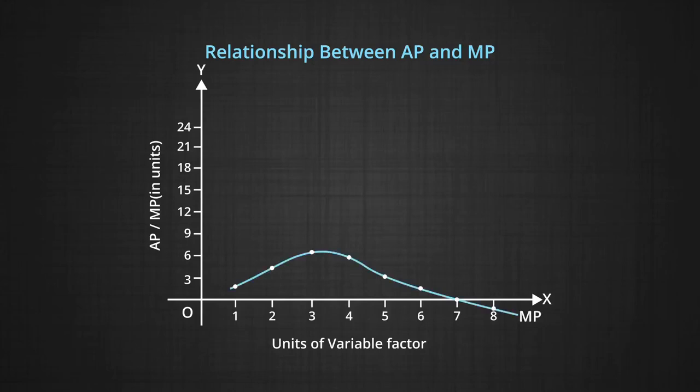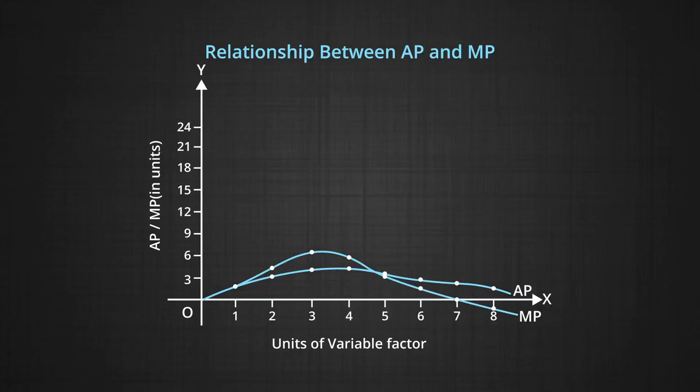As long as MP is more than AP, the average product increases, and this happens up to the second unit of labor. Notice that AP continues to rise even when MP is falling till the third unit, as MP is more than the AP till the third unit, and the MP curve lies above the AP curve.